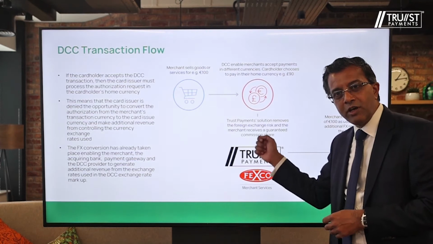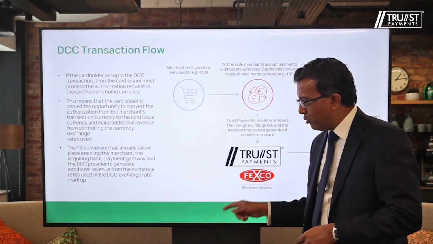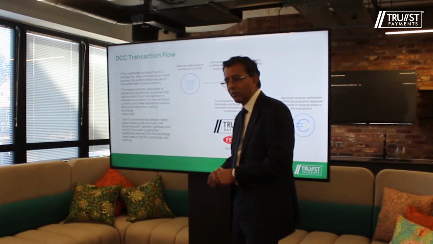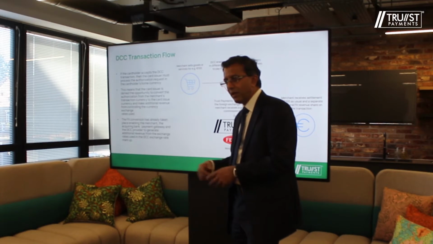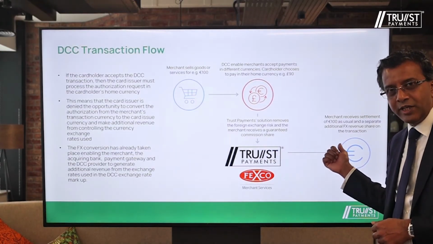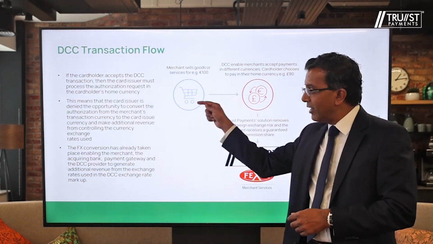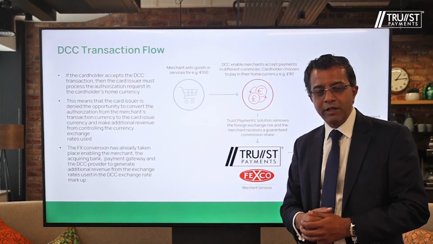At that point in time, we pull a live rate into the process. And we get those rates from our partner Fexco, who operate in the FX markets. Following that, the merchant will get paid in the currency they expect. But critically, the customer sees exactly what they're going to pay in their home currency.